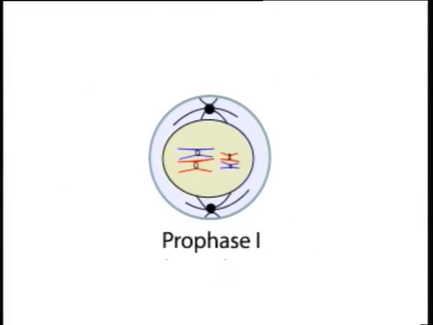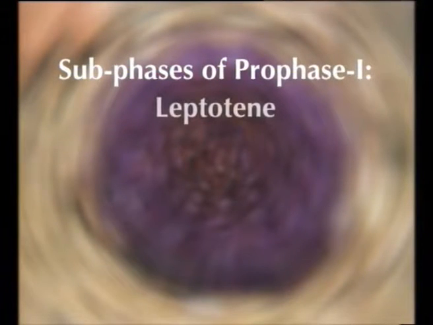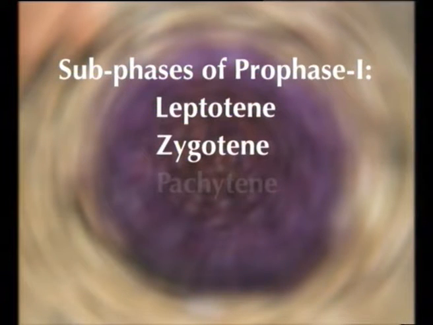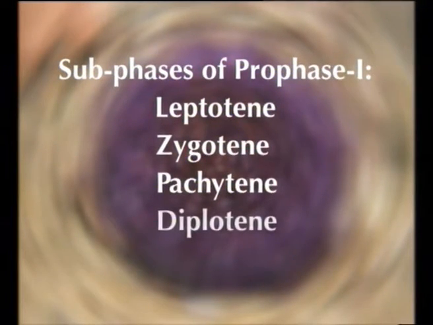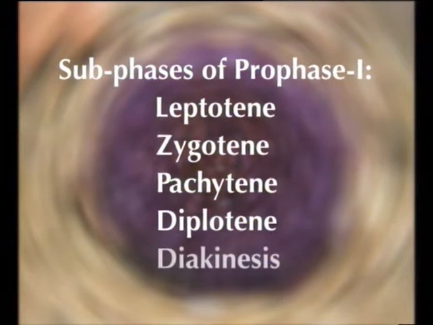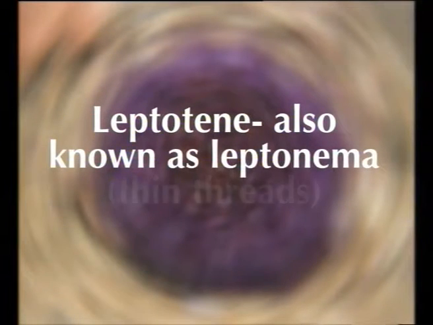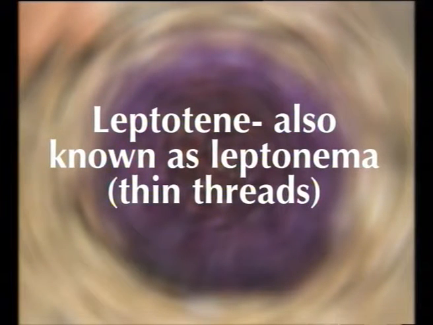Prophase I comprises the following subphases: Leptotene, Zygotene, Pachytene, Diplotene and Diakinesis. Now, Leptotene, which constitutes the first division of Prophase I, is also known as leptonema.